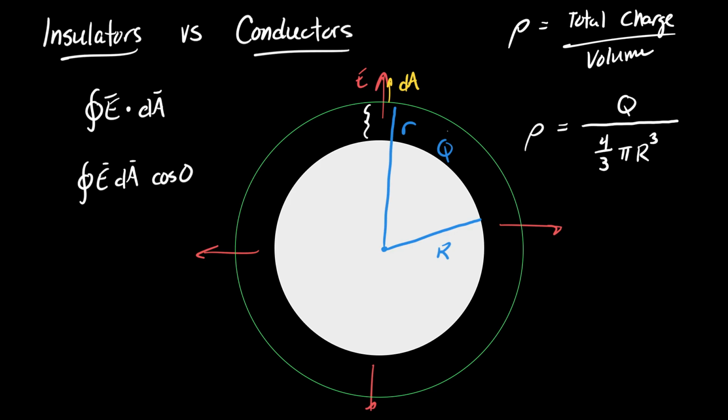Is that all good? Can I go one step further and assume that the electric field is probably the same size everywhere around the surface, as long as we're concentric? So I can pull E outside of my integral. And all that's left to do now is sum up the surface of my sphere. So 4 pi r squared.